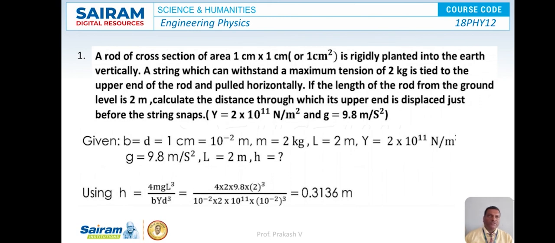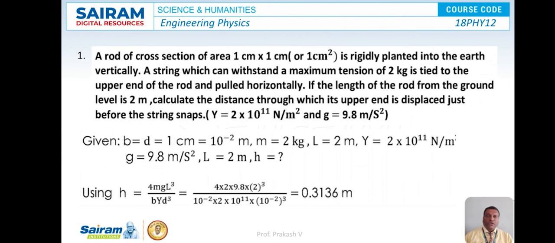Young's modulus Y is equal to 2 into 10 to the power of 11 Newton per meter square, and g is equal to 9.8 meter per second square. So these are all the data given. So what is the value of h according to this problem?